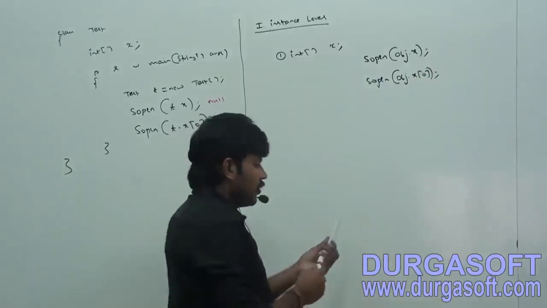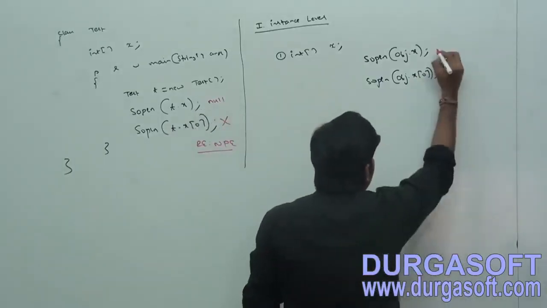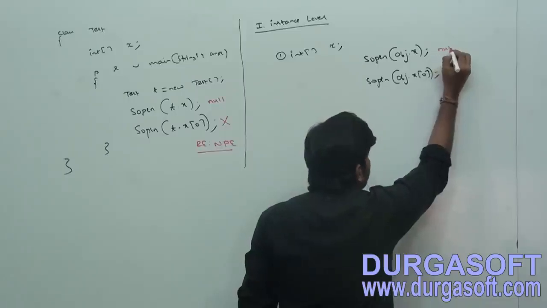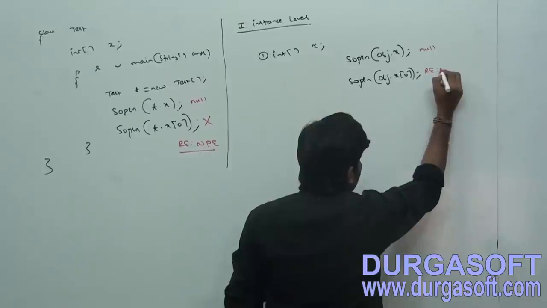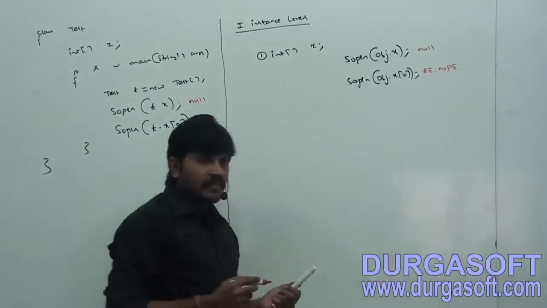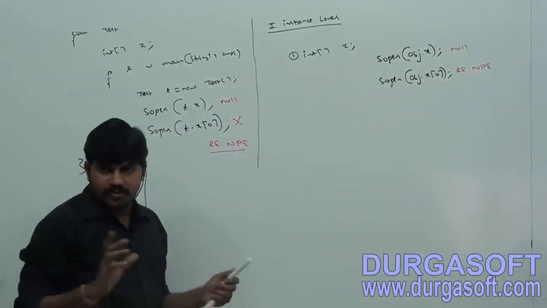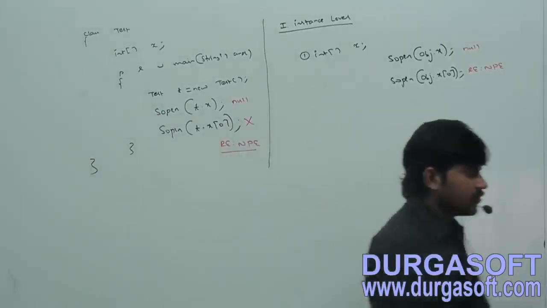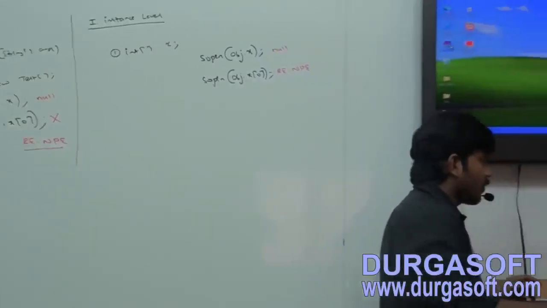Sir, can you tell what answer we will get by default now? Null. Second one, NullPointerException. Are you getting it? Not required to keep much explanation, right? Let me execute up to this. One minute.